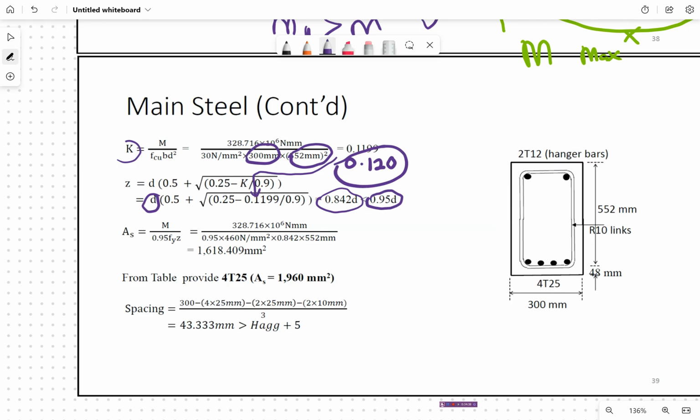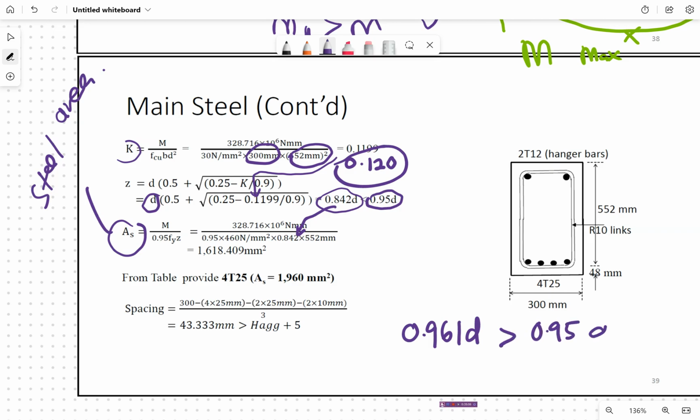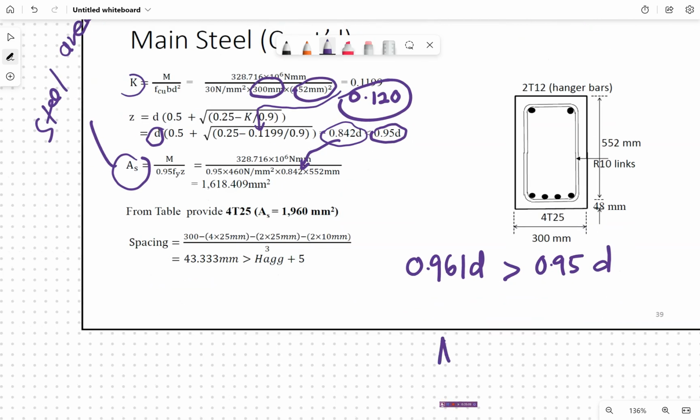If you get 0.842d, which is less than 0.95d, it means that when you proceed to calculate the steel area, you will use this value. But if you get, for example, 0.961d, all of a sudden bigger than 0.95d, then when you calculate As later on, you will use 0.95d instead in the formula.